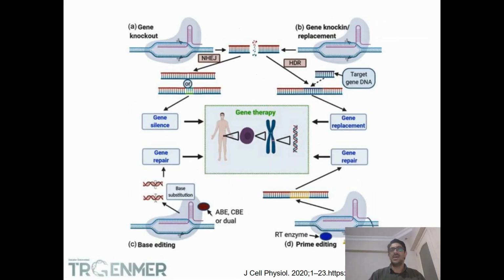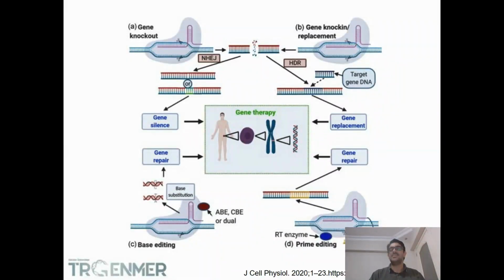And you can see here that gene knockout and gene replacement with homology-directed repair are changing into two different gene repair systems. One is base editing, the other one is the prime editing system.